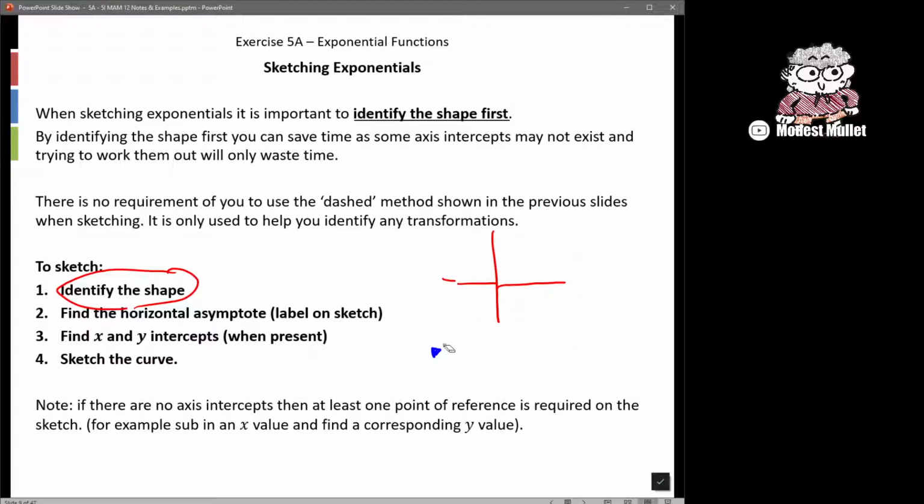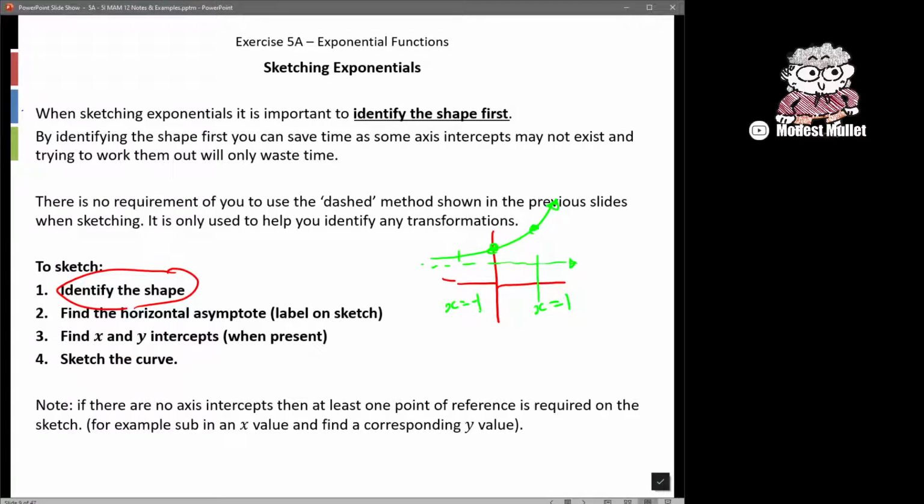Once you've got that, and then thinking of any vertical translations, put in your asymptote. And then once you've got that, you know, okay, I'm going to have an intercept there. Get that. Once you get that, get one other point of reference. Generally, it's really nice to do either x equals 1 or x equals -1. Going to make your math a lot easier.